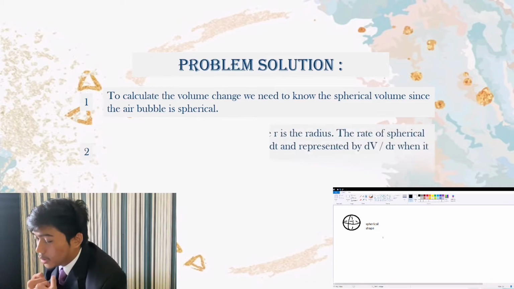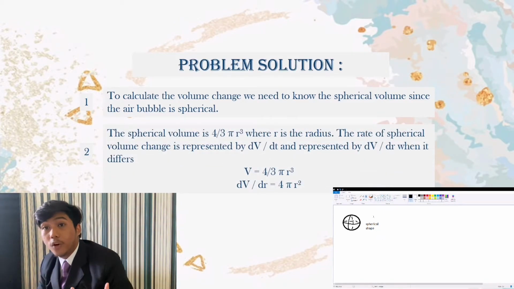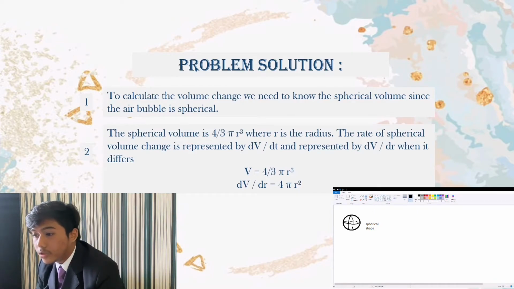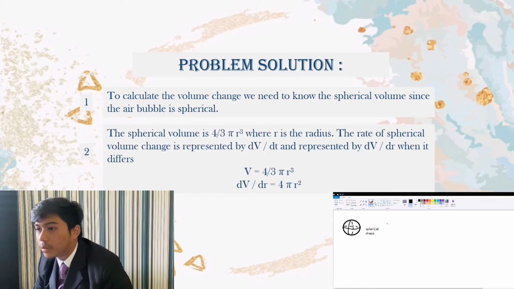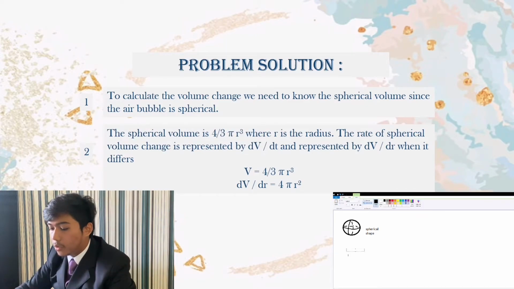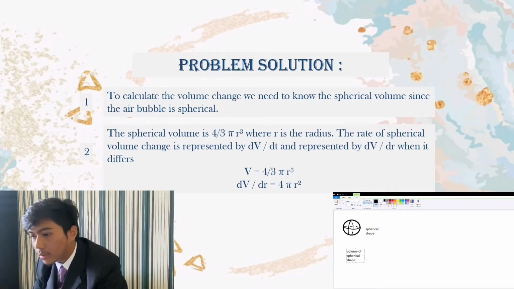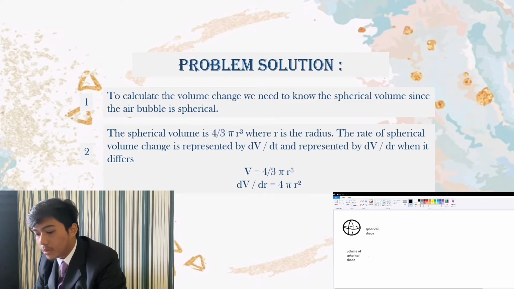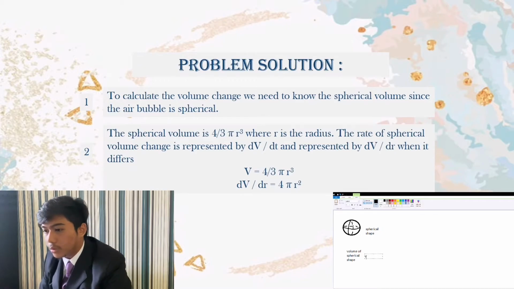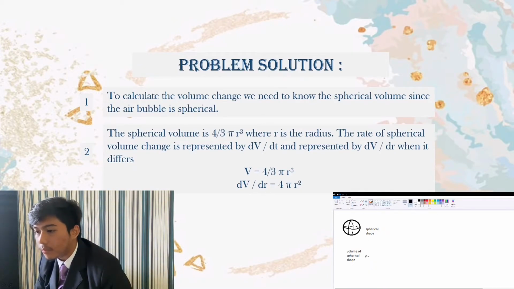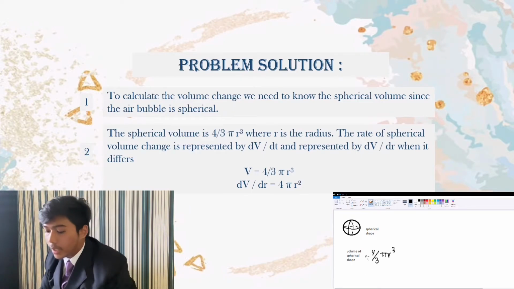Next, the volume of a spherical shape is V equals 4/3 pi r cubed.